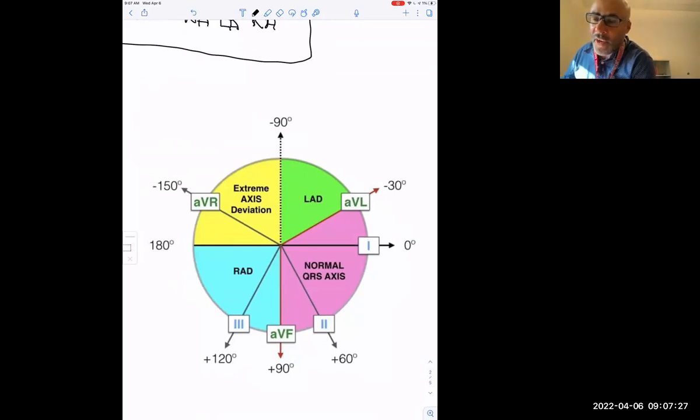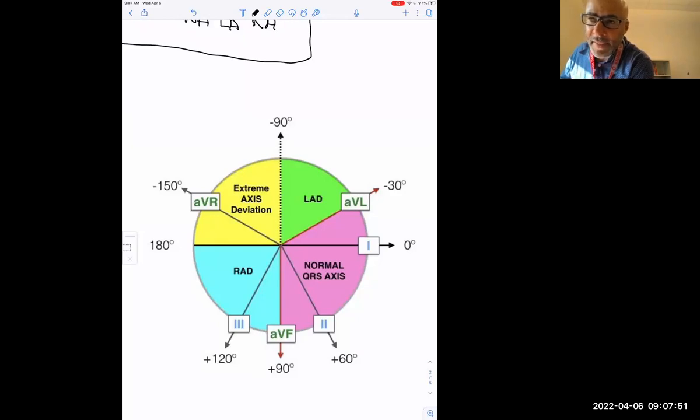Because on your EKG, on your 12 lead, you will not see arrows or vectors pointing up or down to tell you which way the axis is traveling, which way the mean or the general gist of the energy is traveling. What you are going to see is axis delineated in degrees.